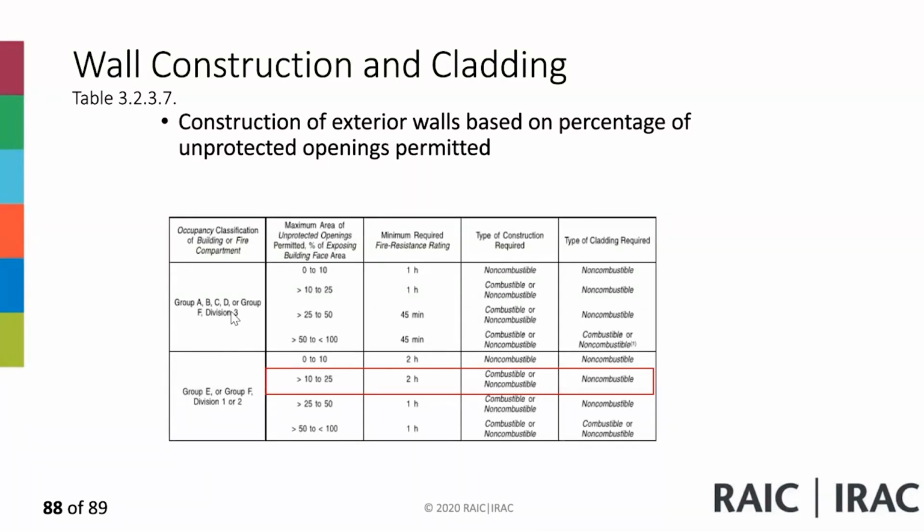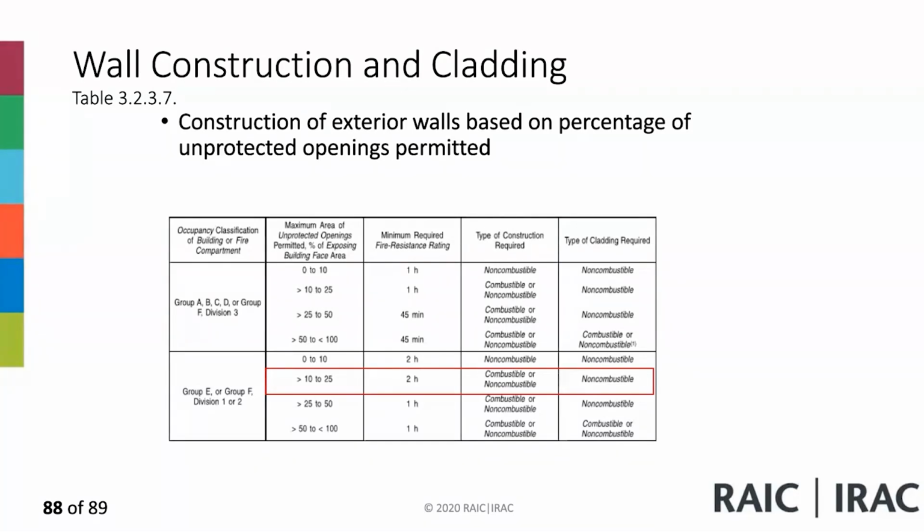Then for each of the type of occupancies we looked at, we can determine what is the rating of the exterior wall, the type of construction required, and the type of cladding required. And I'm going to walk you through an example now. But that's in general the approach for determining the construction of the exterior wall.